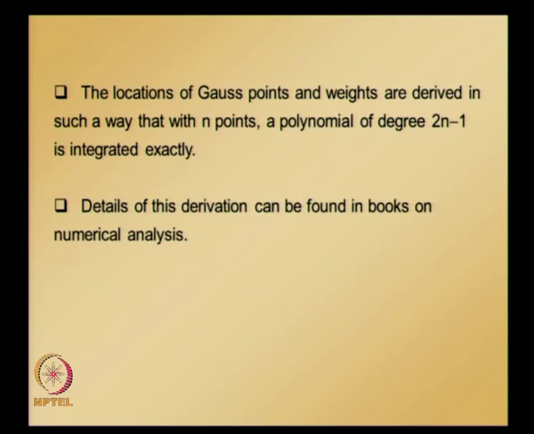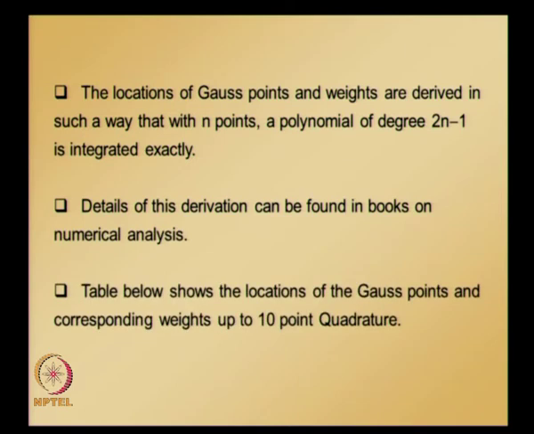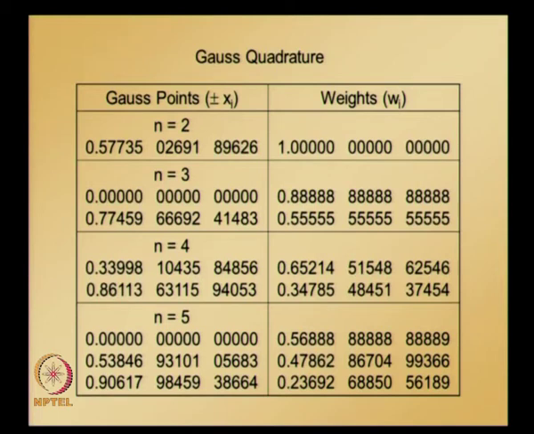Here, the locations of Gauss points and corresponding weights up to 10 points are given in the table below. Gauss points and weights are shown for n equal to 1, n equal to 2, n equal to 3, n equal to 4, and n equal to 5.